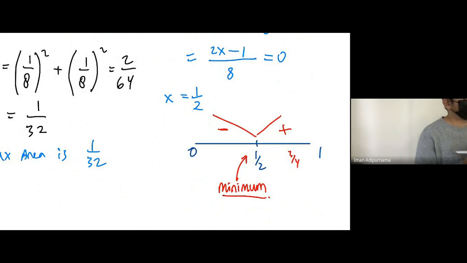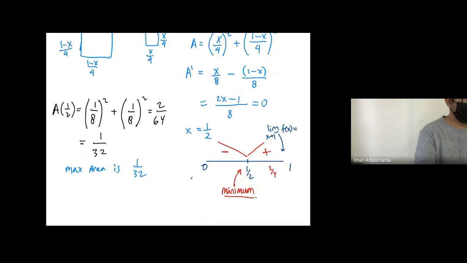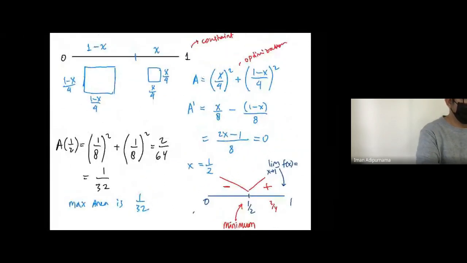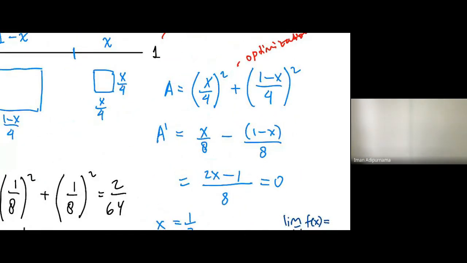Okay, if we make some assumption, just for fun, we can make some answer like this, using a limit, let's say approaching x to 1 from the left. We check the limit of our function.